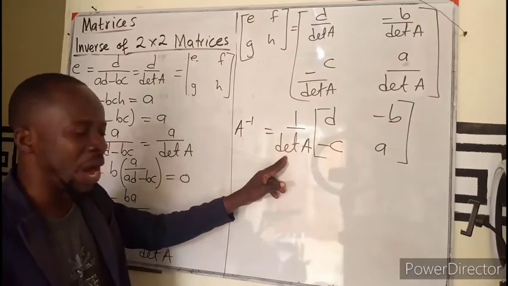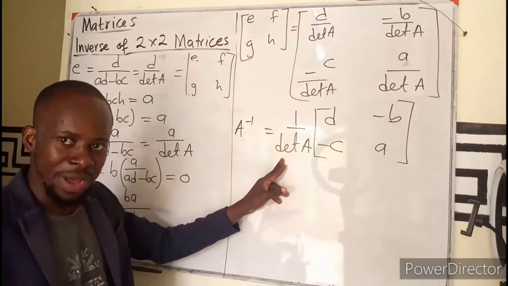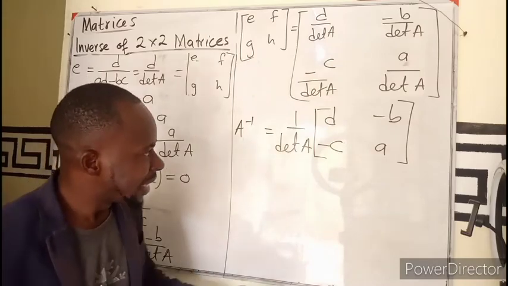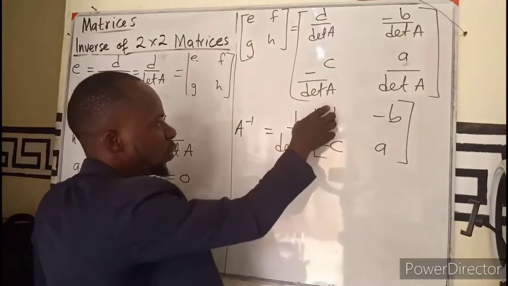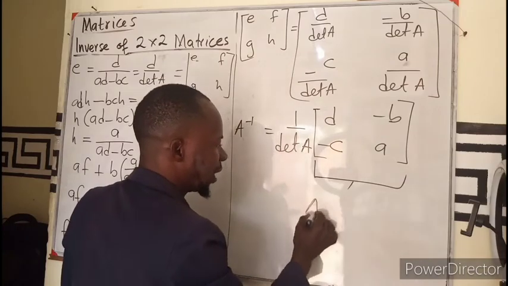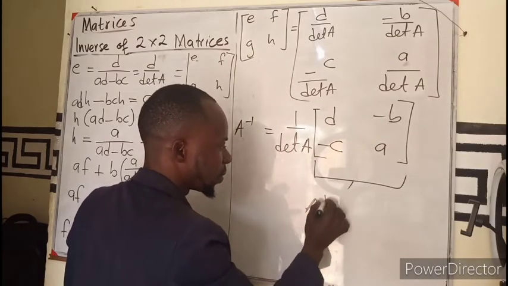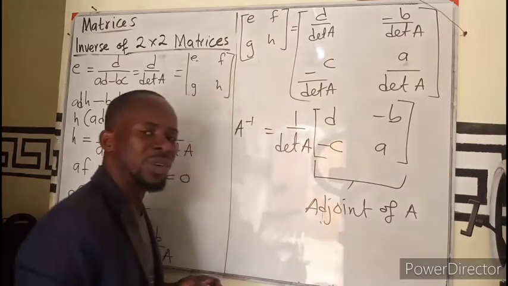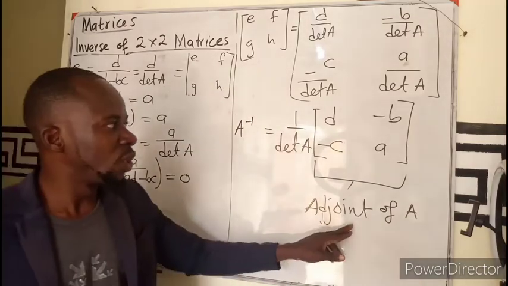So this is going to be our determinant, which is the same as AD minus BC. Good. Then when we come to this, we call this the adjoint of matrix A. That's the adjoint.